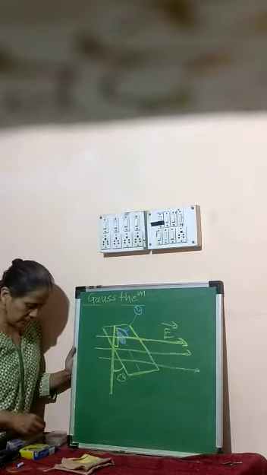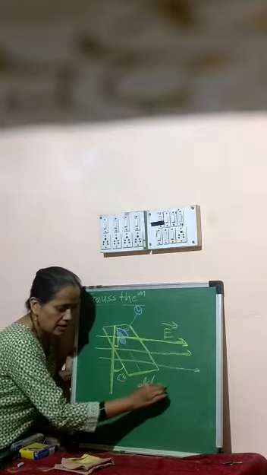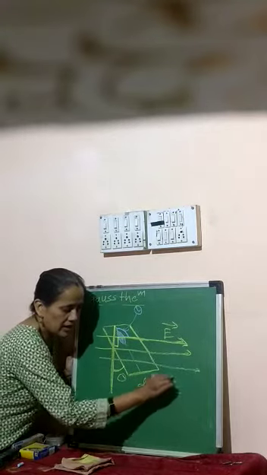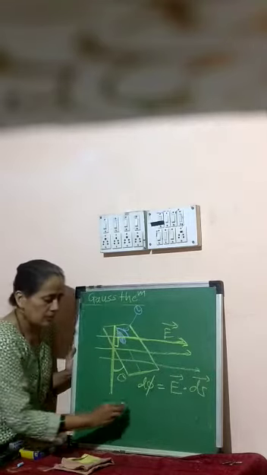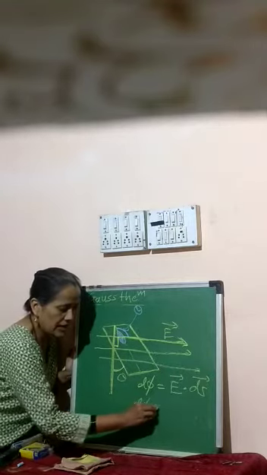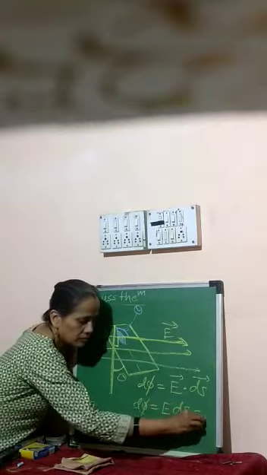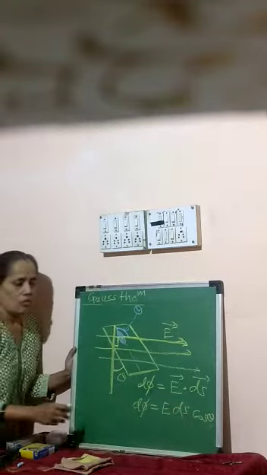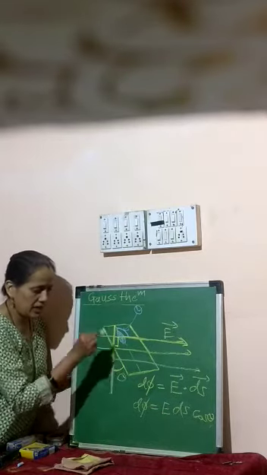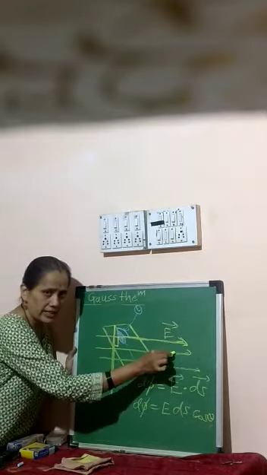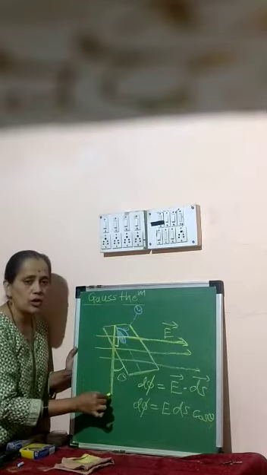Now in this case, the previous formula d phi equal to vector E dot vector ds can be written as d phi equal to E ds cos theta. What is this theta? Theta is the angle between the direction of electric intensity and the perpendicular component of area.